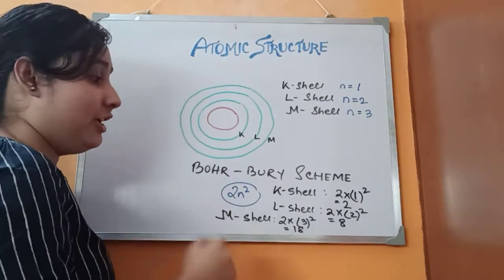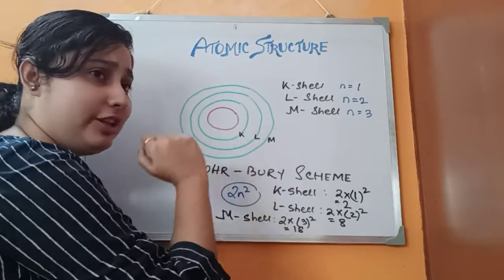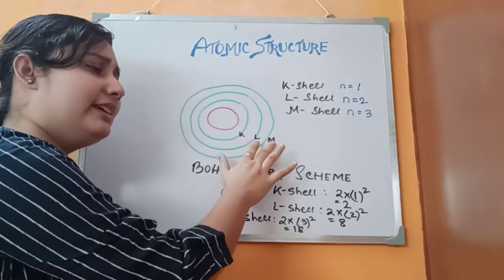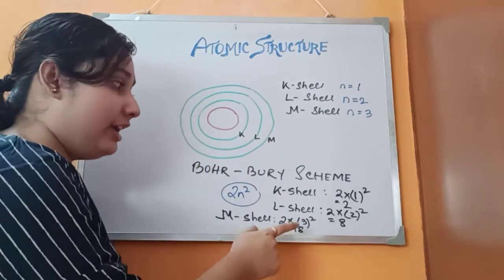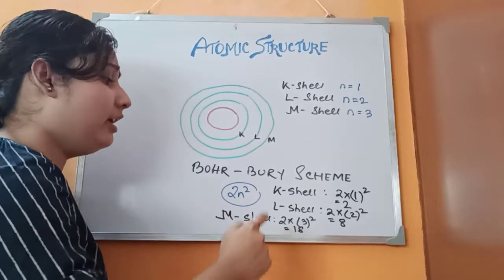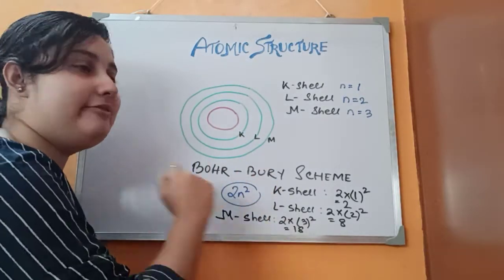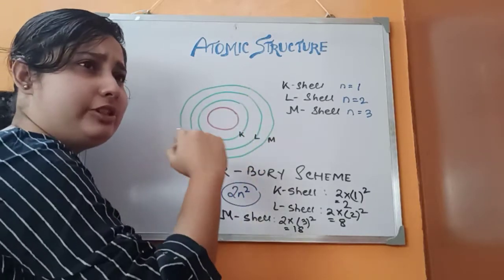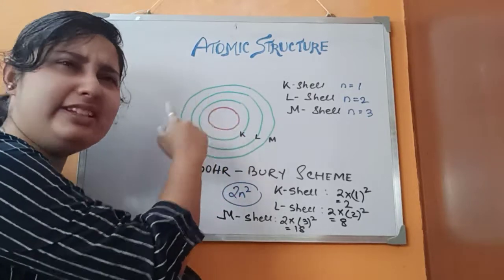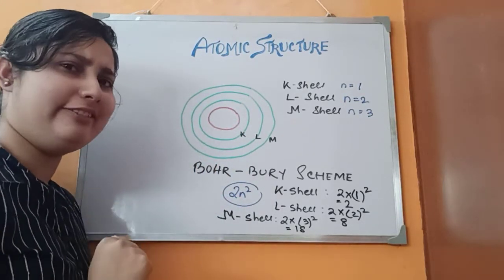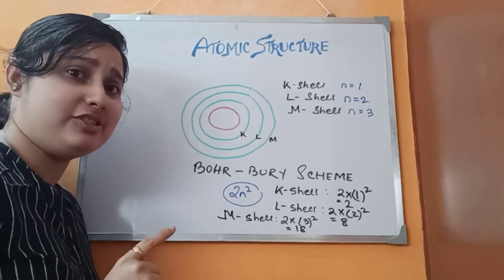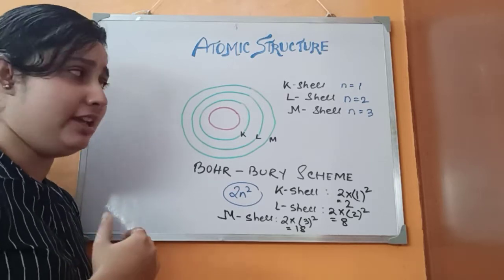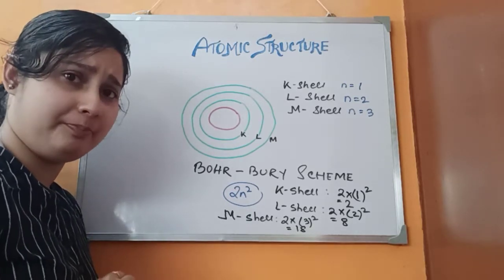Now there is a concept. We generally say that the M shell can hold a maximum of 18 electrons, according to the Bohr-Bury scheme. But actually, we know that like charges repel each other. There will be inter-electronic repulsion if the electrons are very close to each other.